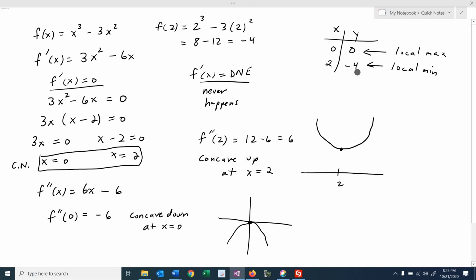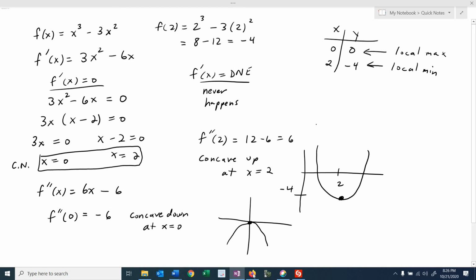So the local minimum is negative 4, and it occurs when x is 2. So this actually looks like this. Okay, so that's how you'd use the second derivative test to classify these critical numbers.